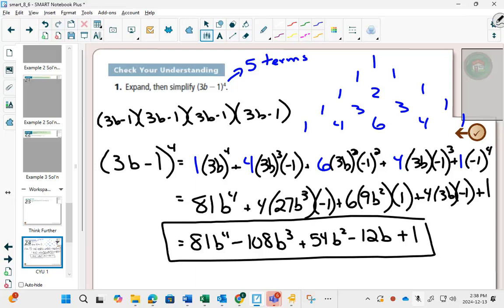And you have to decide, was that quicker than actually multiplying this out? Right? If I were multiplying this out the old way, I'd probably multiply these two together and get 9b squared minus 6b plus 1. And these two together would be 9b squared minus 6b plus 1.